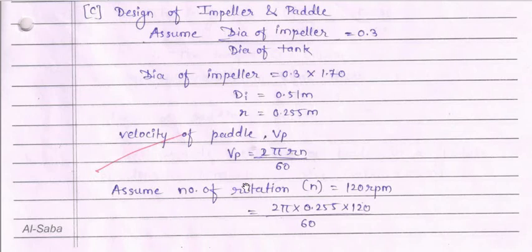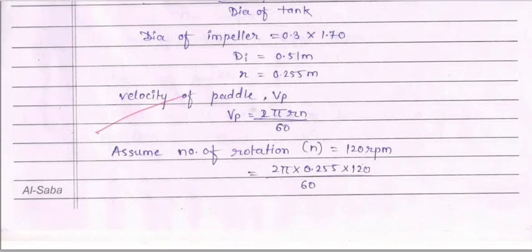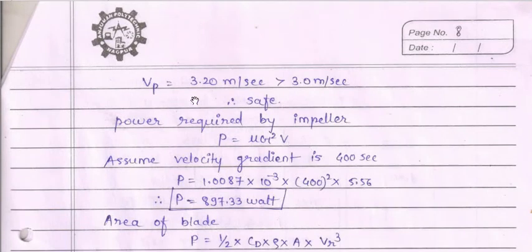Putting in all these values, R is 0.255 and N is 120, we get the velocity of the paddle as 3.2 meter per second, which is given that the velocity of the paddle should be greater than 3 meters per second. Hence the value is safe, and we can apply the velocity of the paddle as 3.2 meter per second.